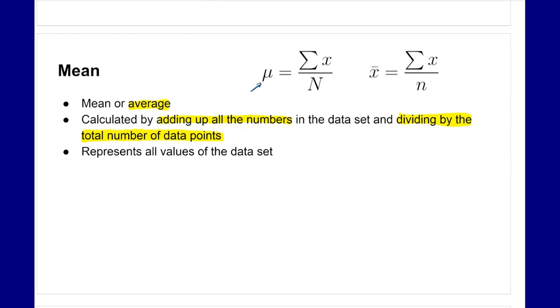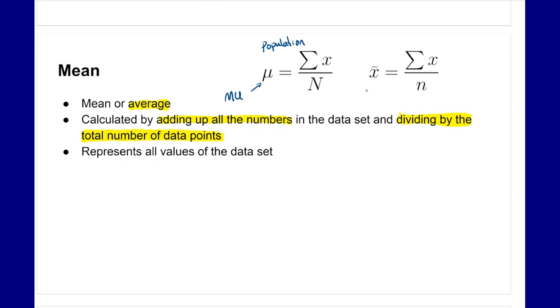We have this letter, a Greek letter mu, and all it's referring to is the mean, but this is the population mean. So if our data set is referring to the population, we would use this formula. It doesn't really change how we solve it, just changes some of the notation, which then gets carried on in some of the other formulas that we're going to look at later.